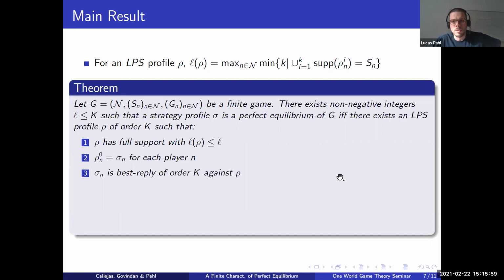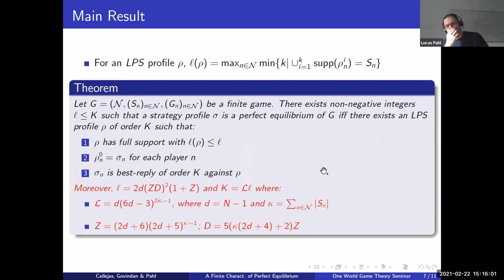But the real contribution here is that we can actually estimate what those quantities are. You don't have to pay attention to the exact formulas here. This is just for you to see that it's possible to estimate them, but L and K depend only on the cardinalities of the strategy sets of the players and the number of players in this game.